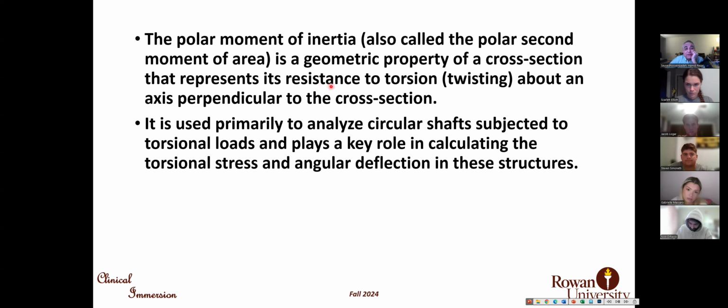It represents the resistance to torsion about an axis perpendicular to the cross section. Perpendicular to cross section means the central axis. The central axis in the middle. When we have a torsion around that central axis, the polar moment of inertia shows the resistance against that torsion.